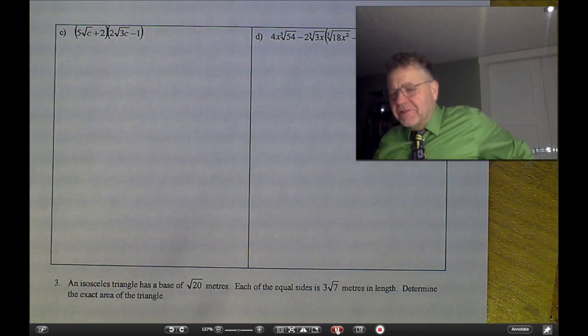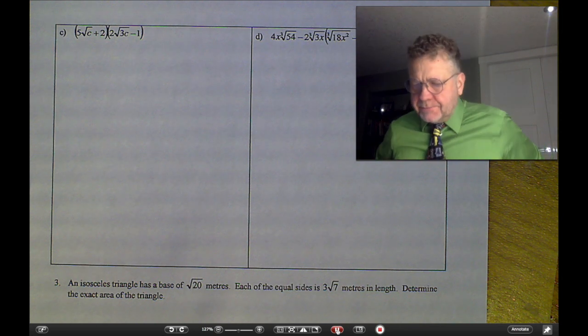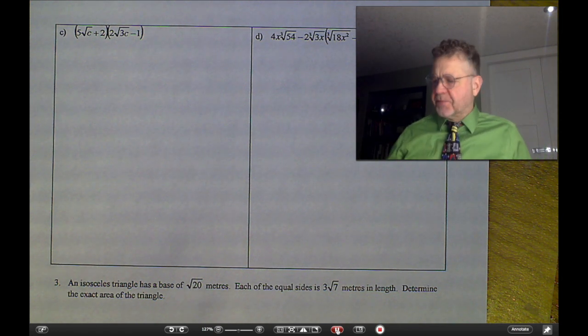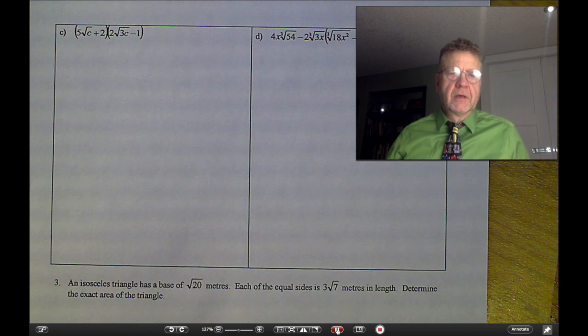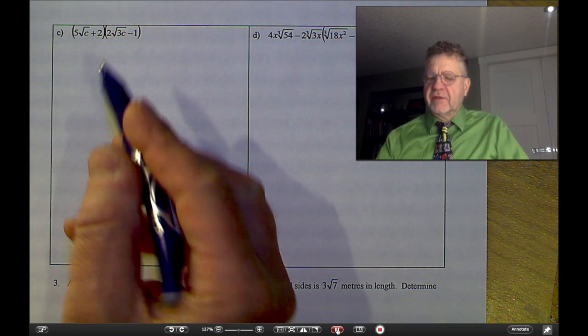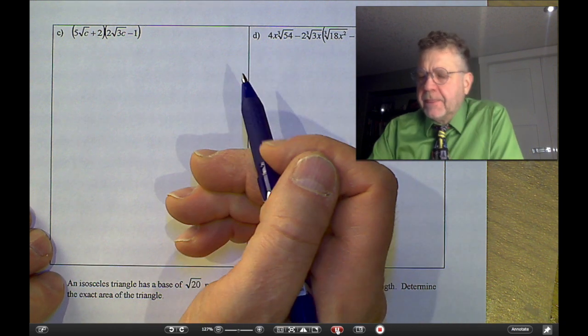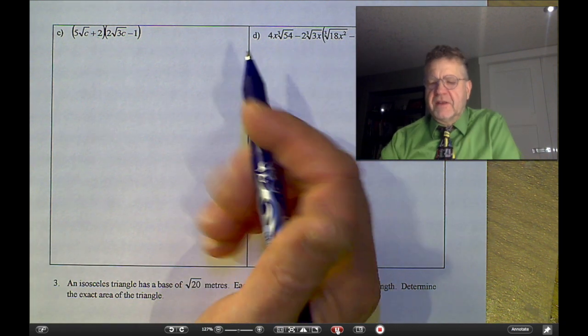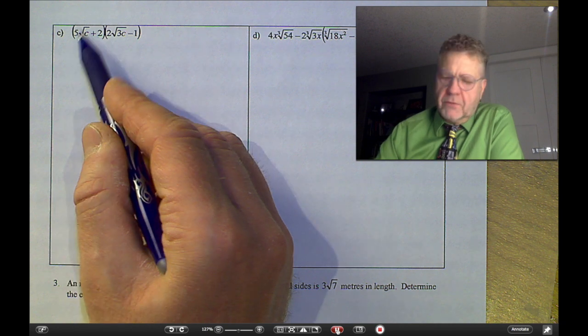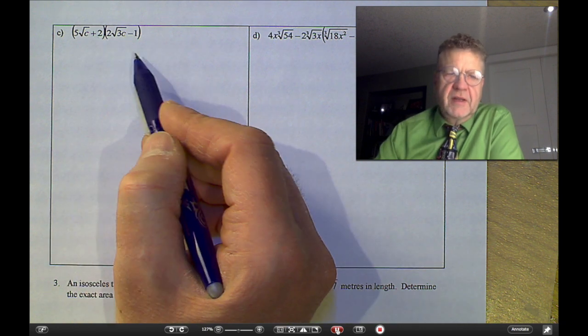All right. So here we have a total dog's breakfast of a mess of something. We have two binomials. And again, you've been doing binomial expansions since last year now, right? So the difference is trying to figure out or trying to deal with these radicals inside here, right?